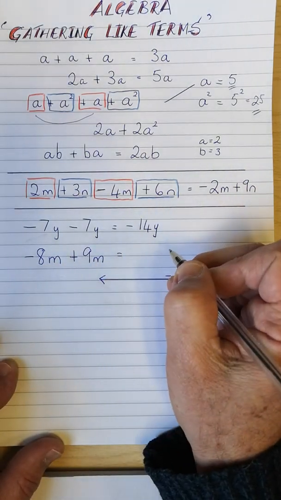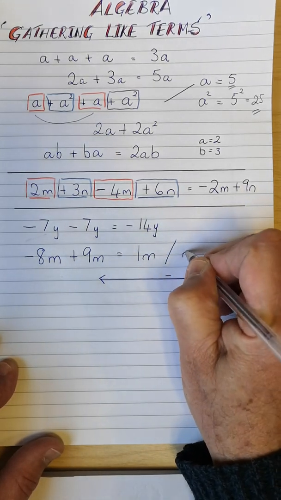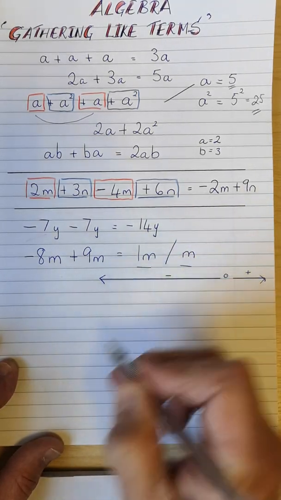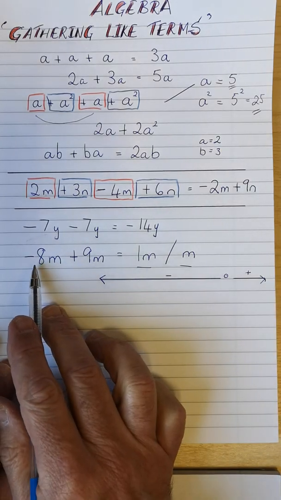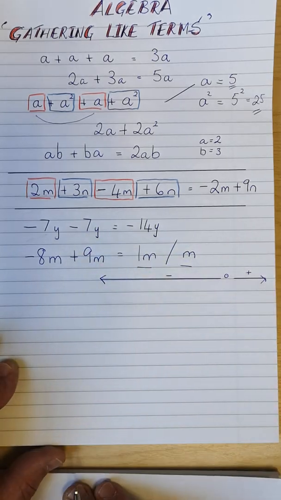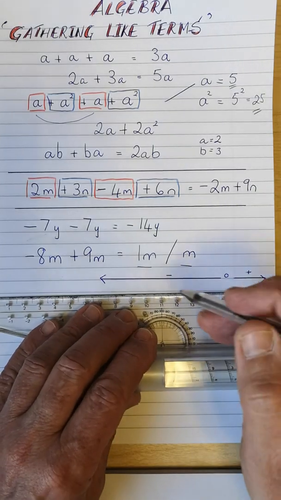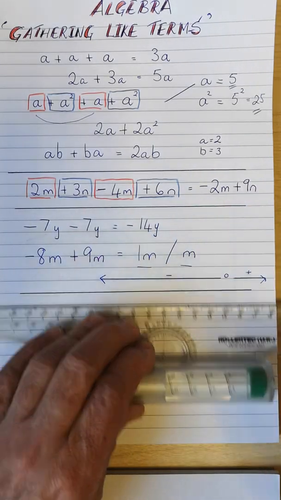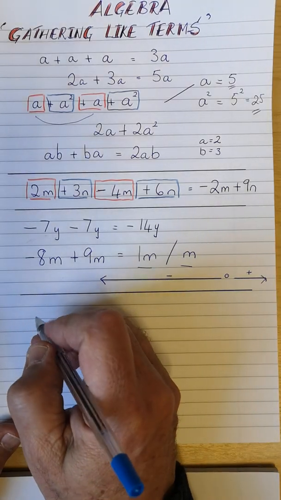So it will be either 1m, or we normally just write it as m. 1m and m actually mean the same thing. Okay? So here I started with minus 8m. I got given 9m. I was back into the positives by 1. All right. Okay, let's move a little bit further. This is all to do with gathering things that are the same. Okay, now we mix it up a bit.